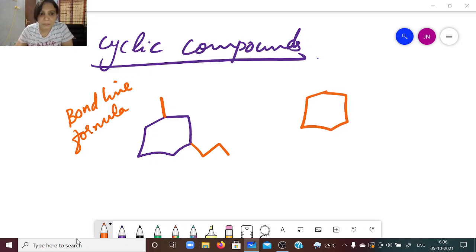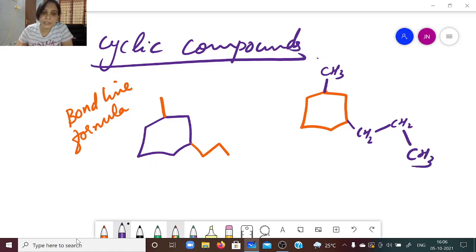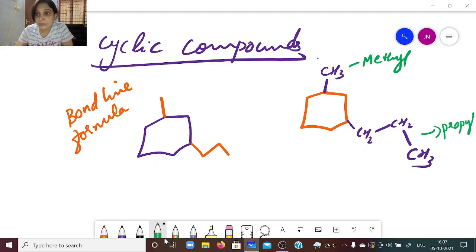This is the same and the branch will be, this is one line, means it is CH3. And this I am going to show, this is CH2, CH2, CH3. So you can see that this is methyl branch and this is propyl branch because three carbons are there.